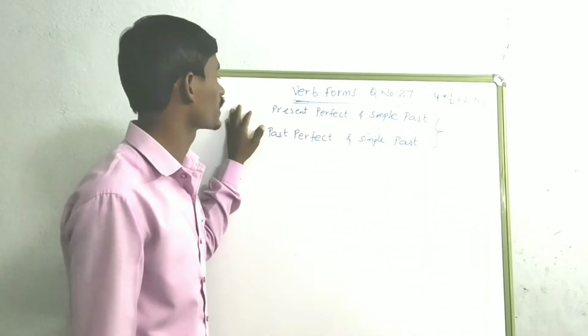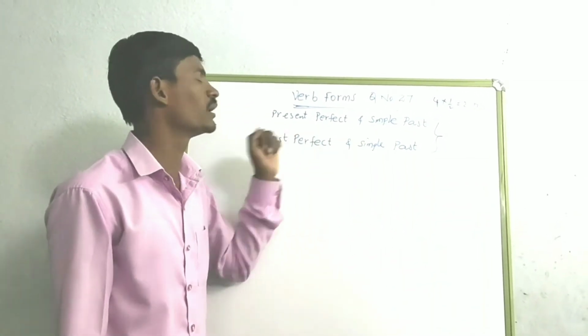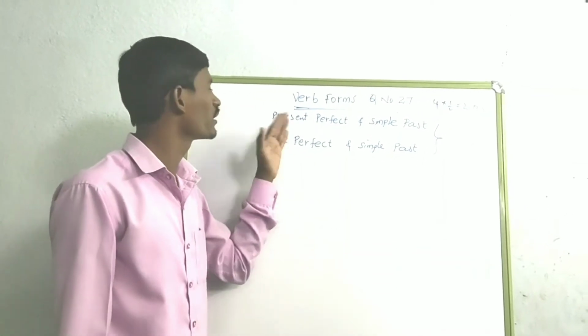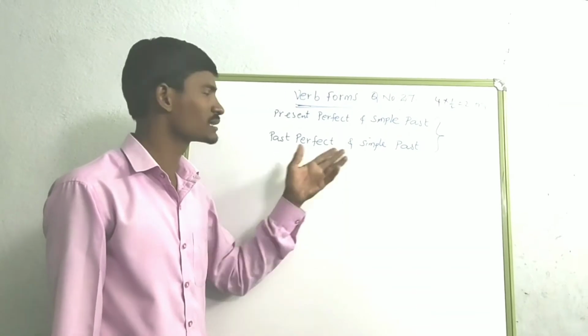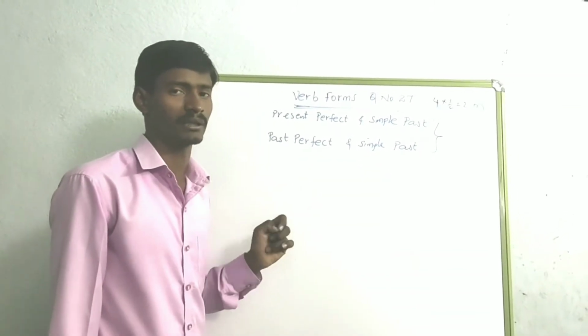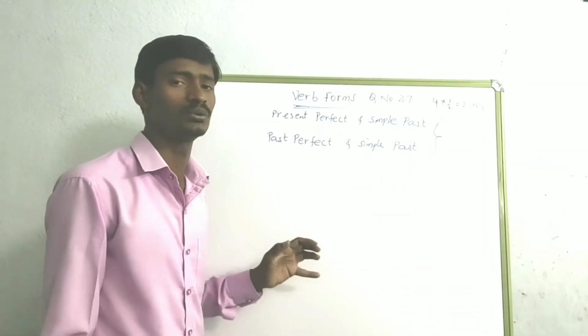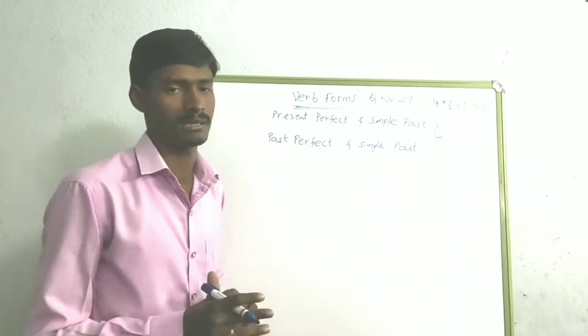So primarily present perfect and simple past. Let me discuss with you how we have to use them. You already know where we use present perfect and where we use simple past. Let us discuss how to use simple past first, and then we'll go on to present perfect. Simple past tense is used to talk about work that was completed in the past.